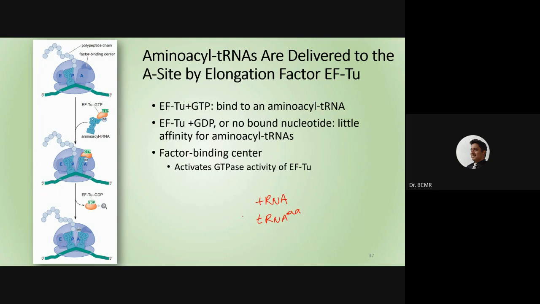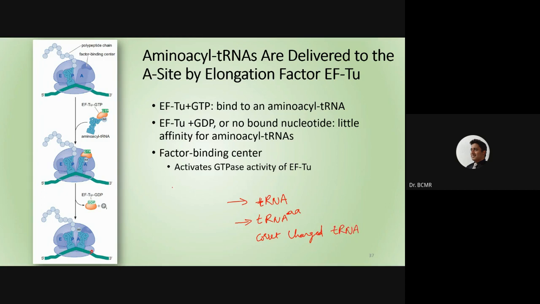We don't want normal, uncharged tRNAs to come into the A site. They are not useful and they might be obstructing the process of translation too. So only the charged tRNA should come. Second important thing, what we will learn in the next slide, is we want the correct charged tRNA to come.